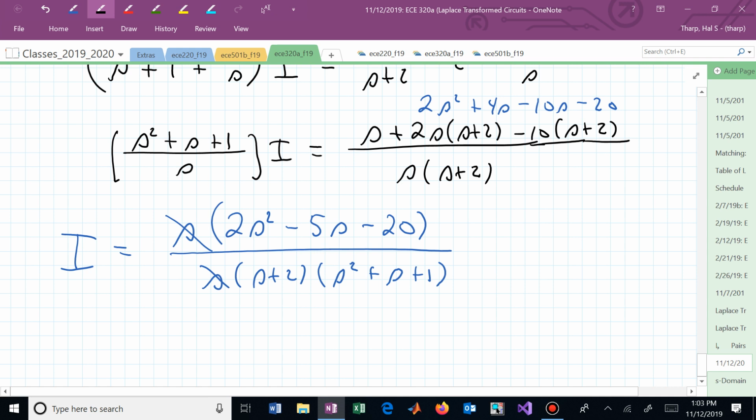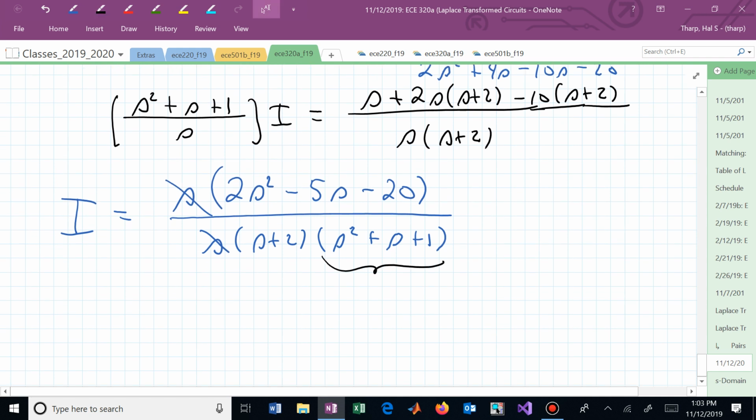And this is some quadratic. It could have two real unequal roots, two complex conjugate roots, or two real equal roots to give us overdamped, underdamped, or critically damped behavior. This one, if we complete the square, we get s squared plus 2 times 1/2, or the 1s, plus 1/2 squared, which is 1/4.